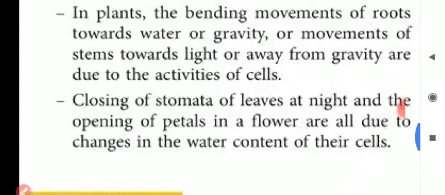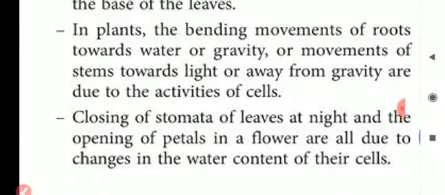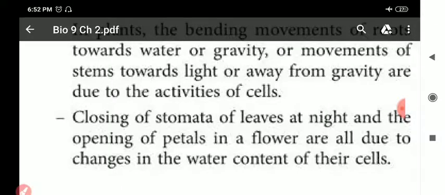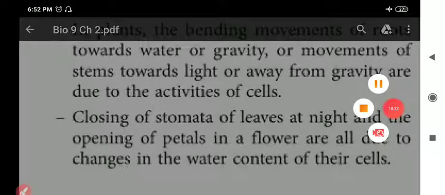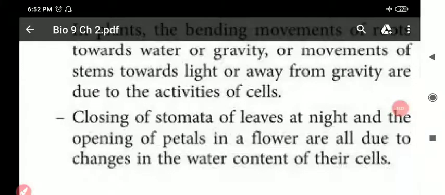Next, opening and closing of stomata depends upon guard cells. So, for all these activities the cells are required. It means all the activities are performed with the help of cells.